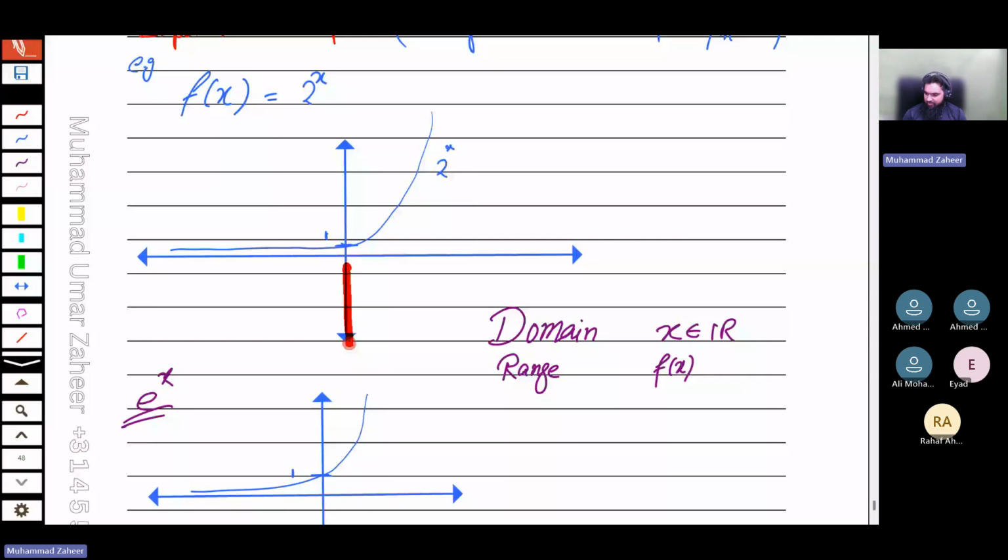You are not going to get values on the x-axis as well. It is all the values above the x-axis, meaning all the values greater than 0, not equal to. Because if it is equal to, it means this graph touches the x-axis. So all the values, f of x is greater than 0.